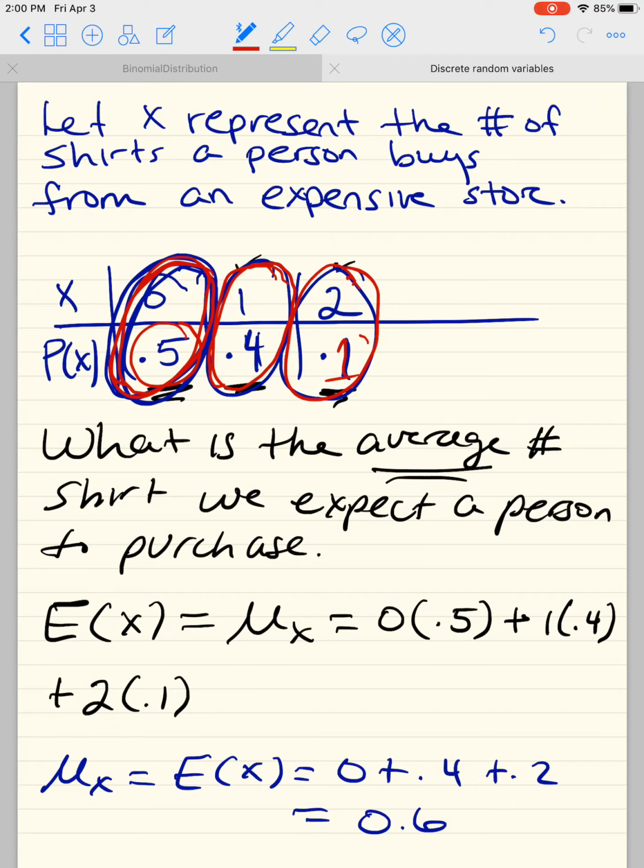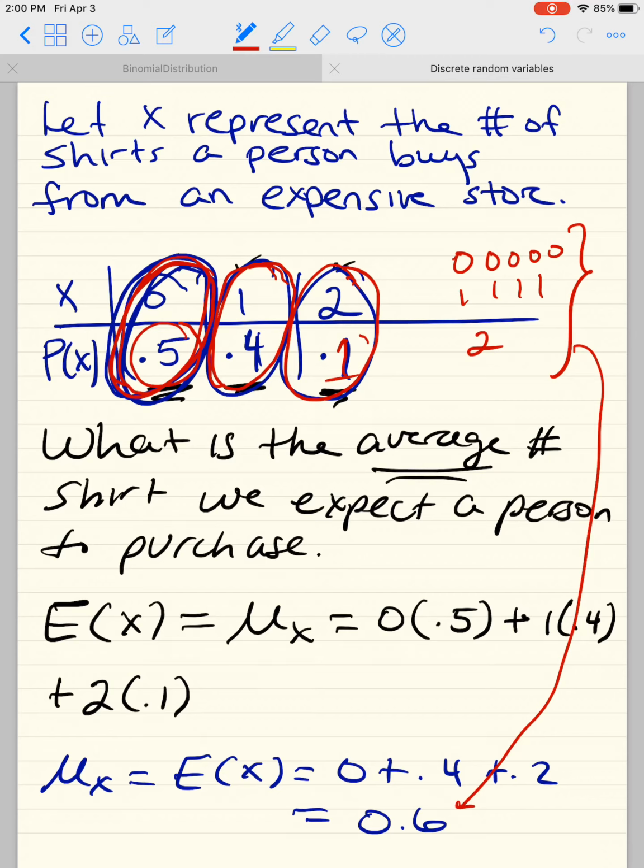So in other words, if 10 people walked into the store, 5 of them will buy 0, 4 of them will buy 1, and 1 of them will buy 2. And if you found the average of this, then you would understand that that number is equal to 0.6. So do not round up. The answer is 0.6, and that's pretty much how you find the average.